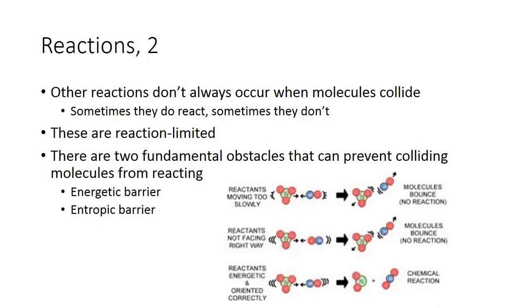So you could have reactants moving too slowly, not enough energy as they meet. Reactants aren't facing the same way, that might be more of an entropic barrier. Or reactants are energetic and oriented correctly, giving us the chemical reaction. So we've overcome the energetic and the entropic barrier to get the molecules to react.